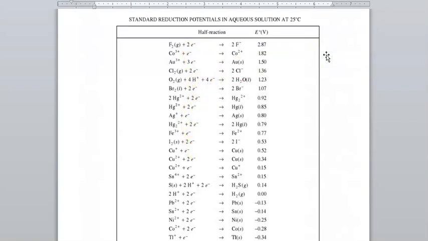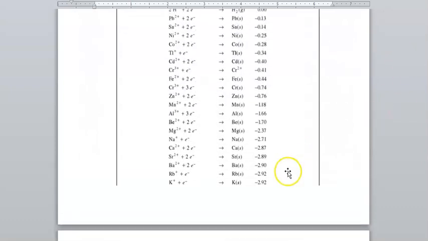It's almost like a "most likely to succeed," but most likely to succeed in being reduced. So the more positive the voltage, the more likely it is to be reduced. As we go down the chart, you're going to see negative voltages, and so these are not likely to be reduced.